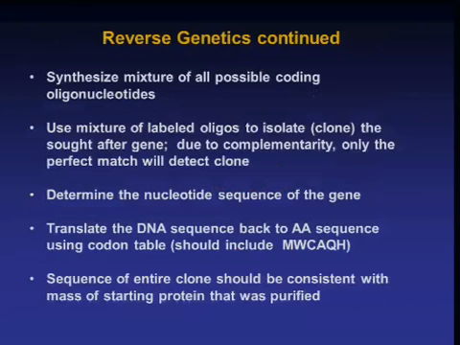So what do we then do? We've got, let's say, this mixture. We can take that population and radiolabel it. There are various ways that this can be done, but a simple way would be, we already have a library of DNA clones. We already have the DNA from whatever organism this protein was purified from, in DNA circles, in plasmids.